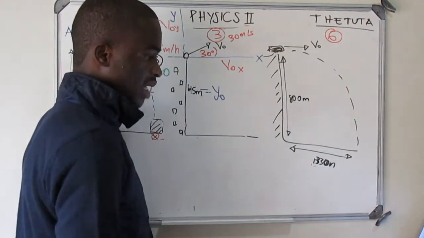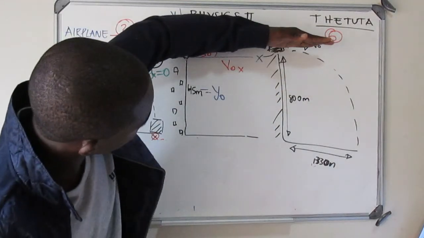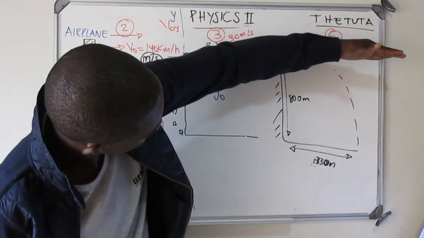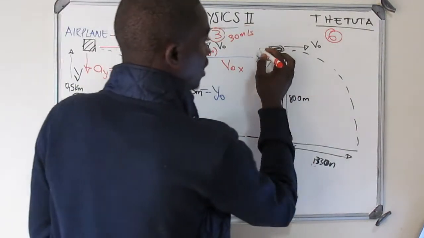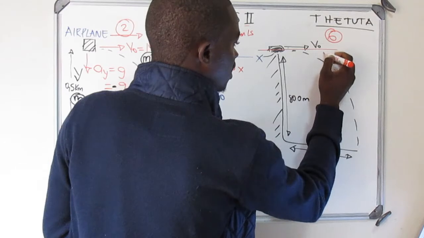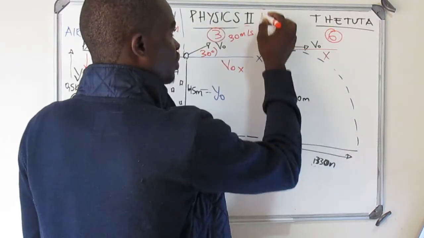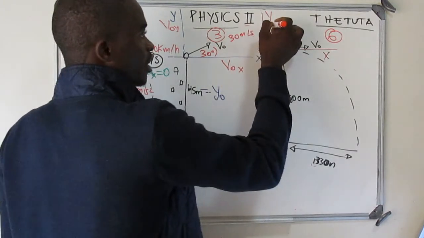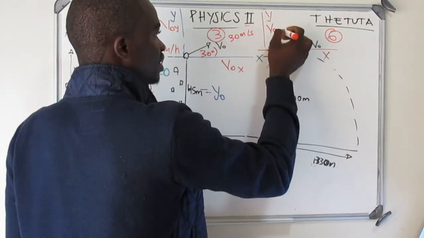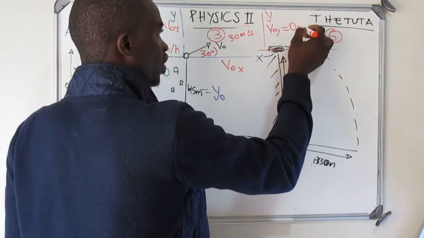But remember, they already give us the initial speed in x. Which means in y we don't have any initial speed. So already you can say the initial speed in y is going to be equal to 0, because we don't have any speed in y.